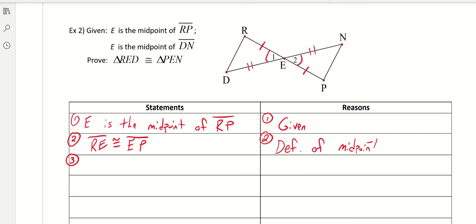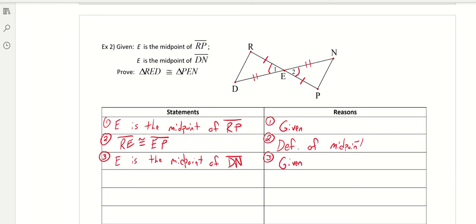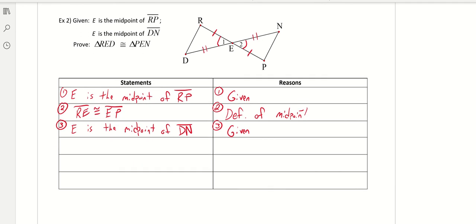Number 3, the other given information, E is the midpoint of DN. How do we know that? That was given. Let me zoom out a little bit here. Number 4, what did that tell us if E is the midpoint of DN?